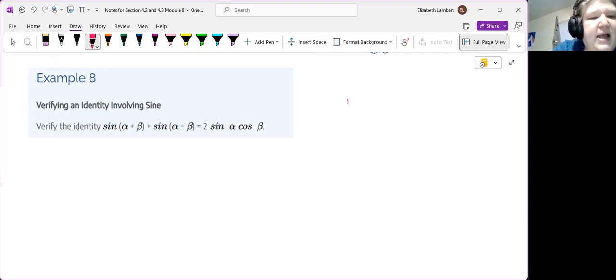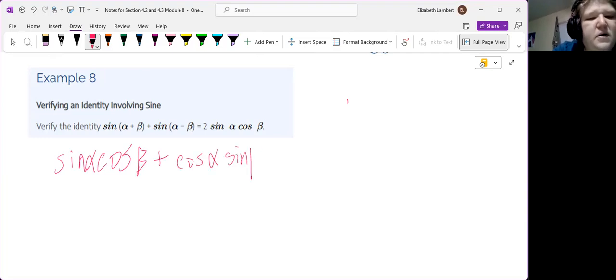All right, so our sine was sine cosine plus cosine sine, and then plus sine of alpha minus beta. So it's going to do the same thing.